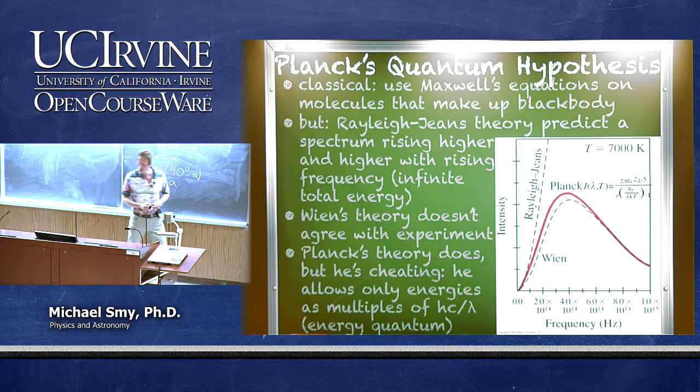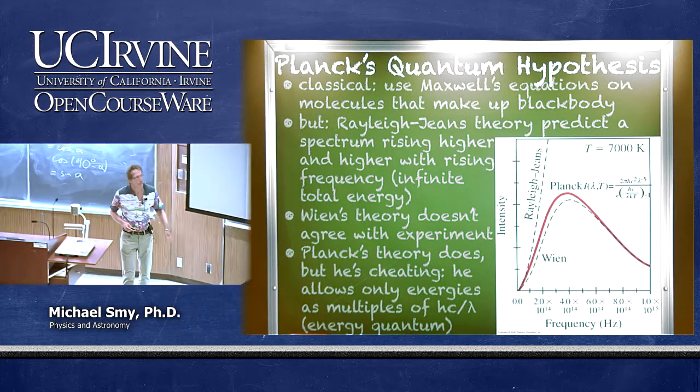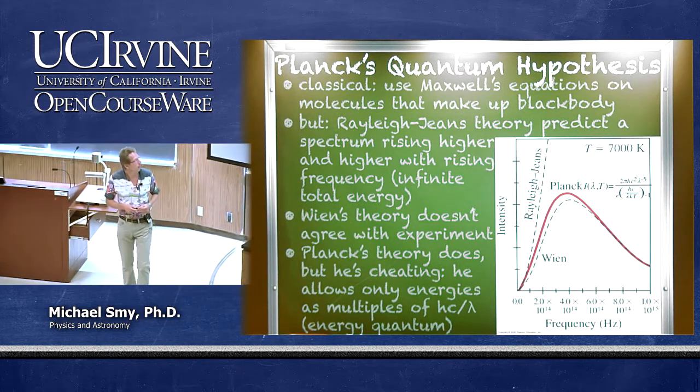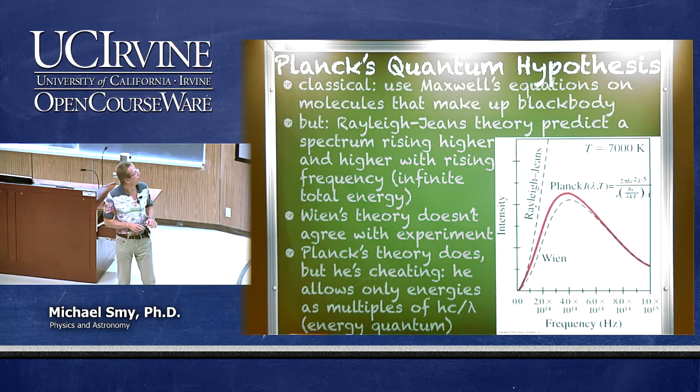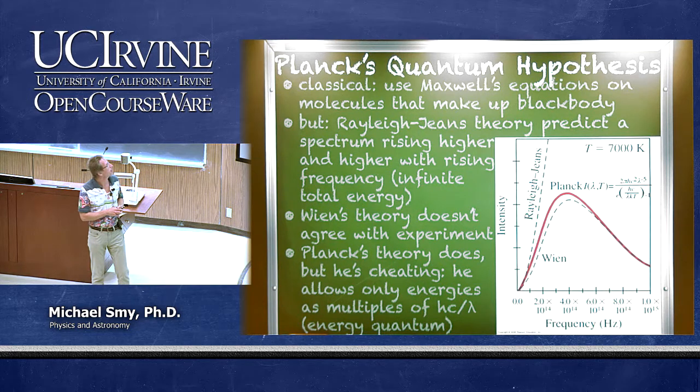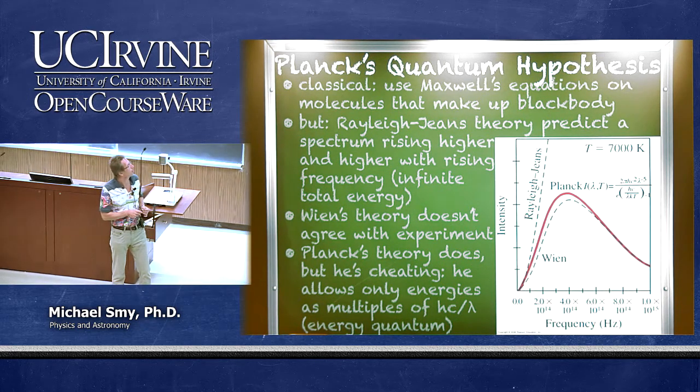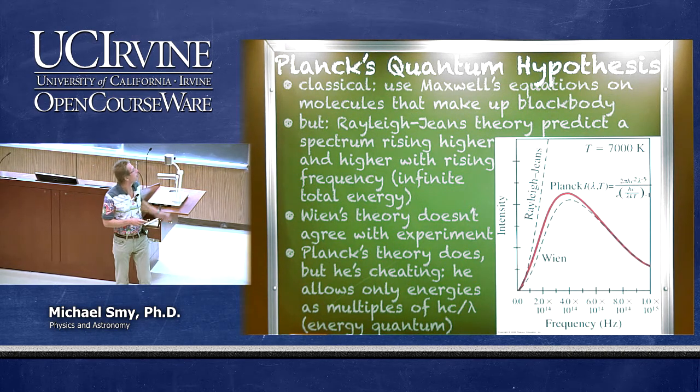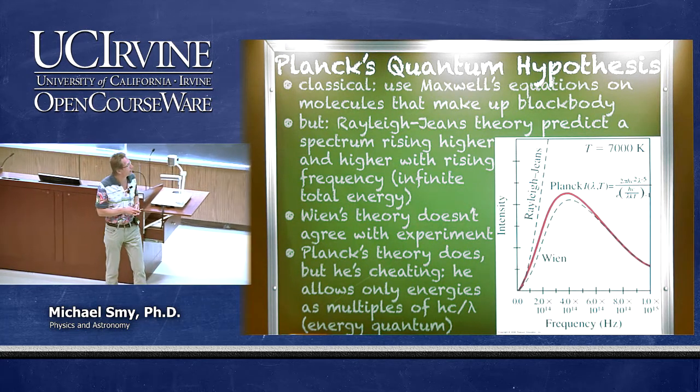So when one tries to understand classically why black bodies radiate, then you imagine that it must come from applying Maxwell's equations to the molecules that make up the black body, which, for example, can be the surface of an oven, or it can be the sun, or whatever.